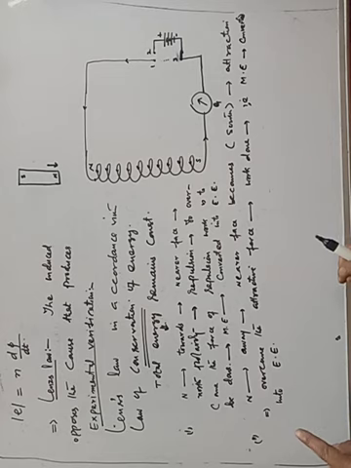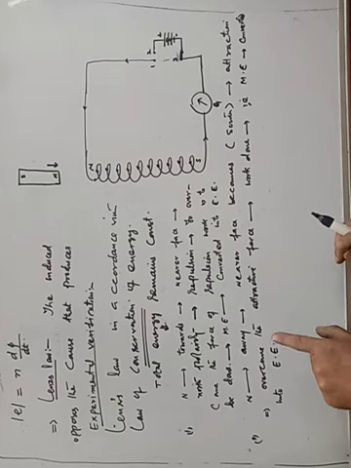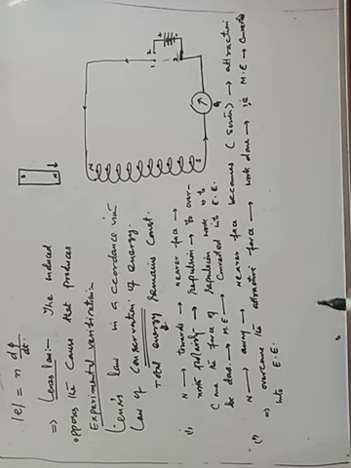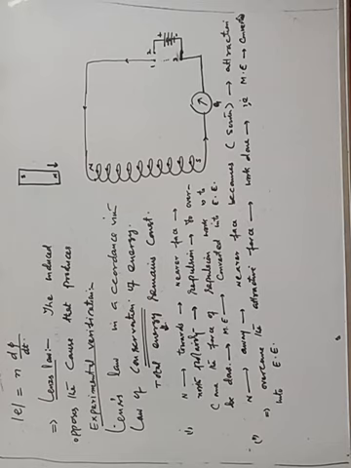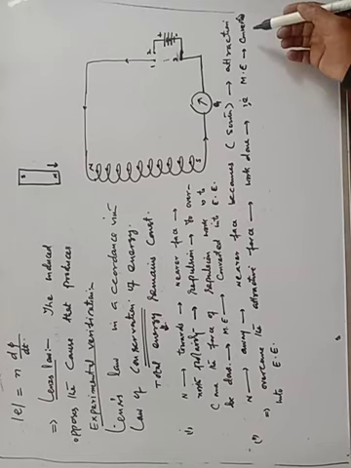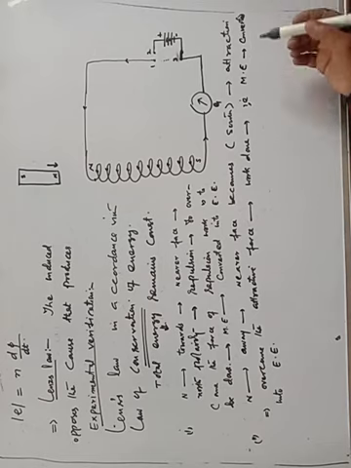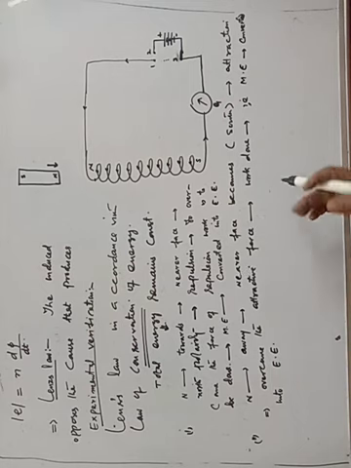So in first case, work is to be done, mechanical energy is to be used to overcome the force of repulsion. In second case, when there is decrease in flux, what we have to do? Work is to be done against the force of attraction. So in both cases, mechanical energy gets converted into the electrical energy.